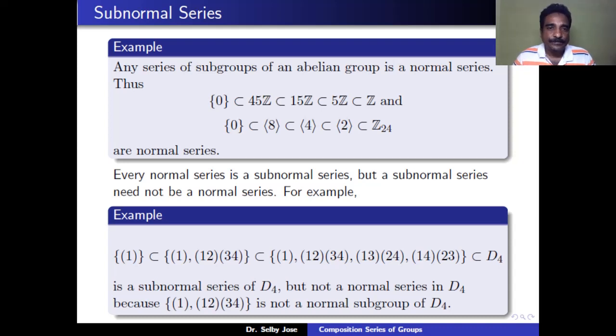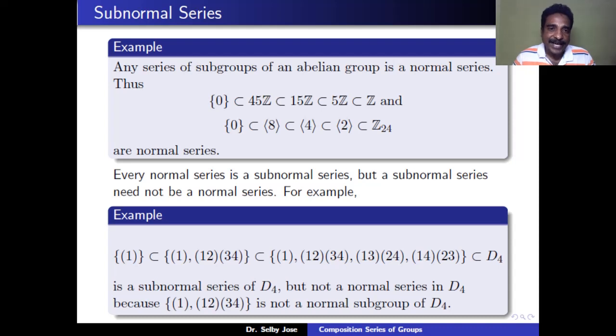See, for example, consider D4, which is a dihedral group of order 8 and is the group of symmetries of a square, which contains 8 elements: 4 rotations and 4 reflections. Consider the subgroup which contains only the reflections and the identity: 1, (2 3 4 1), (3 2 4 1), (4 2 3).